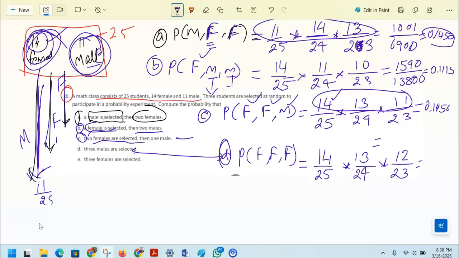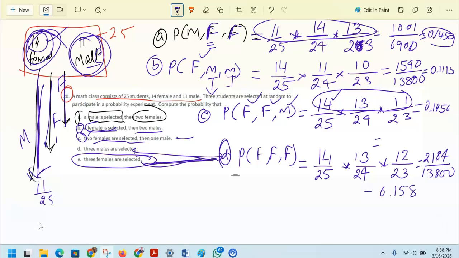Oh, I think I'm doing this one, this is E. So three females will be 2184 divided by 13,800. And if I use calculator, 2184 divided by 13,800, we get 0.1582. So this is for E.